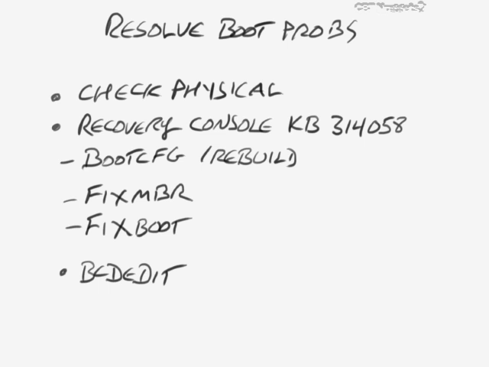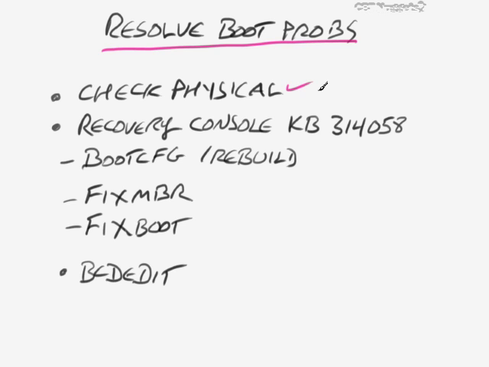Returning here to our whiteboard, we'll be discussing a little bit more about the recovery console and a few of the various options that it provides. But one of the first things I want to point out in resolving boot problems is probably the most obvious, and that is to check the physical. This means to make sure that everything is plugged in properly and the connections have not come loose, such as the serial ATA cable, or the FireWire cable if there's an external drive, or the power cable, whatever, nothing has come loose.